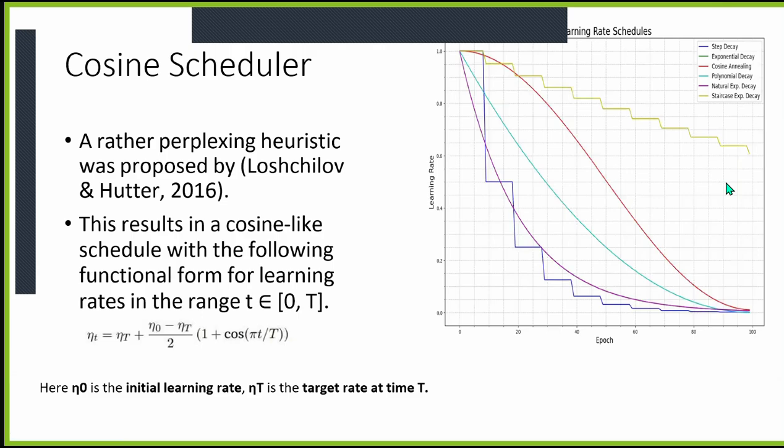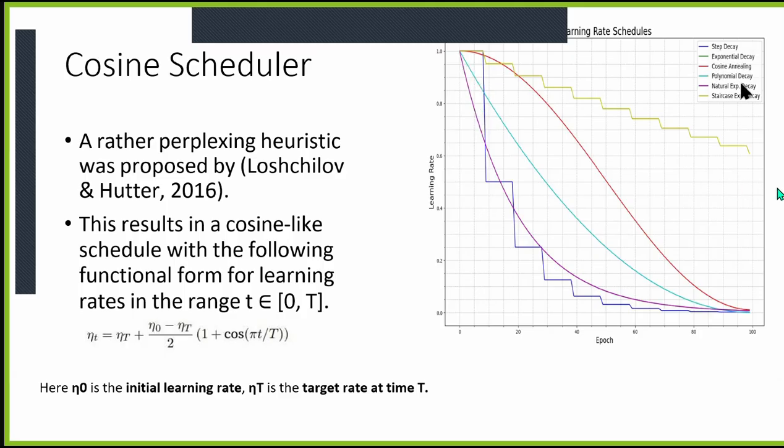Another example of a scheduler is the cosine scheduler, also called cosine annealing. In this plot, we can see that the step decay corresponds to the piecewise decay, and the polynomial decay is this sky blue one, which is less deep compared to the exponential decay.